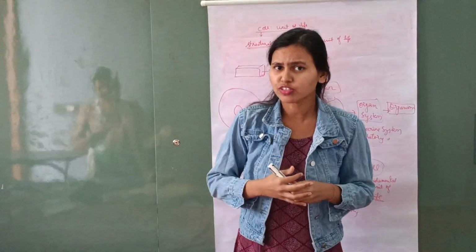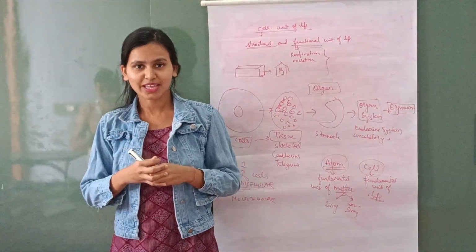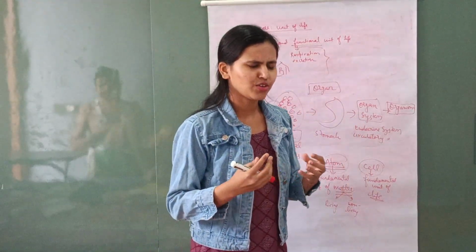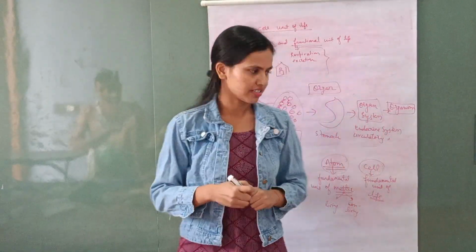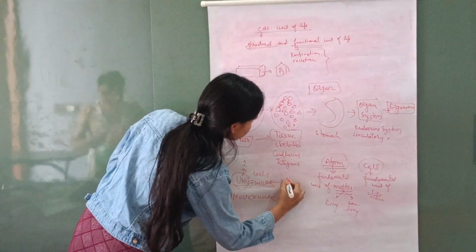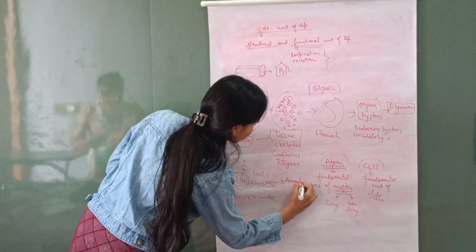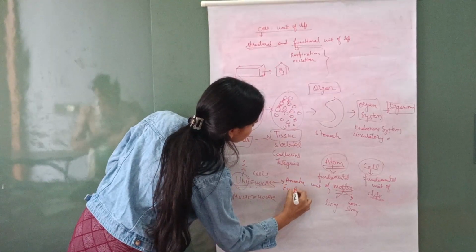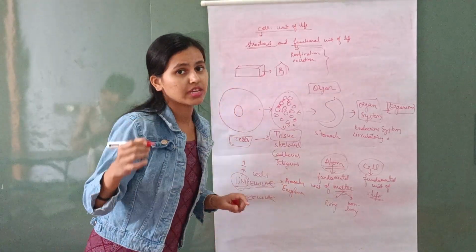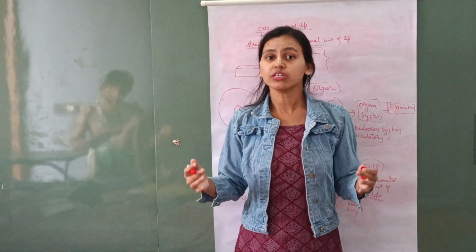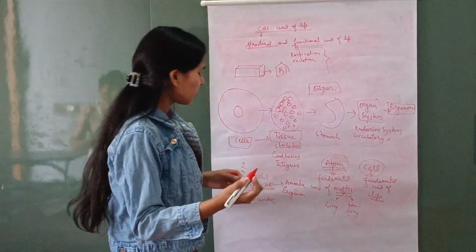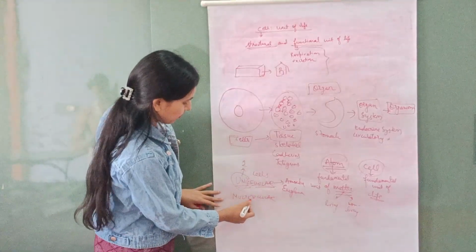Yes, that is the meaning. Can we give an example? Amoeba, Euglena, right? I'll write it here. Amoeba, Euglena. So they have just one cell and all the life processes, all the vital functions, are performed by only one cell.